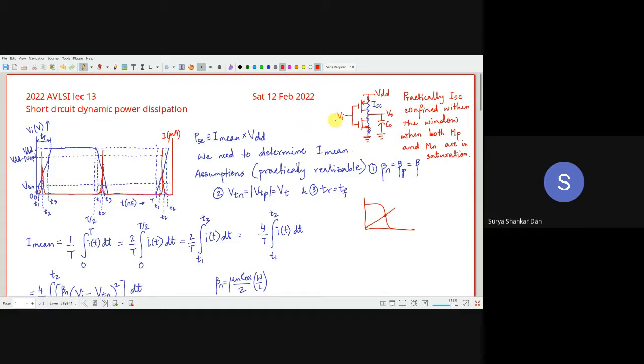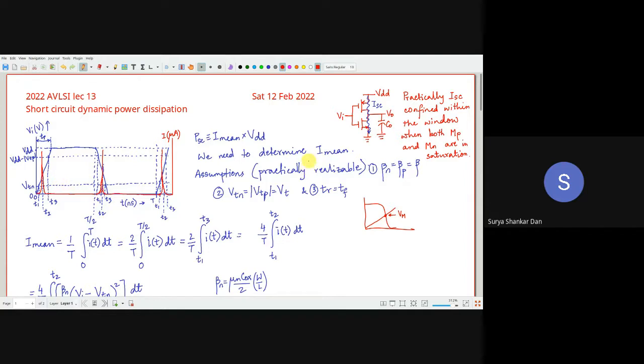Fine. Now, exactly at the instance where the transition is crossing that Vm point, that is the midpoint or inverter threshold point, you are going to have a current spike.